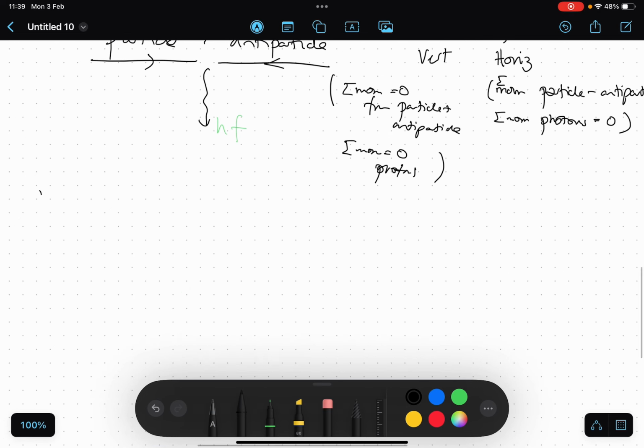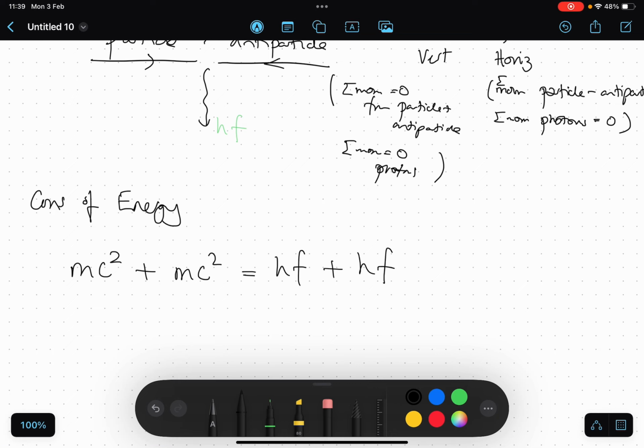Right, what about conservation of energy? What's the energy at the start? It's the energy of one of the particles and the energy of the antiparticle. And what's the energy at the end? The energy of 2 photons. In other words, we've got 2 lots of mc squared because the energy equivalent to the particle and the antiparticle are the same. And we've got 2 photons.